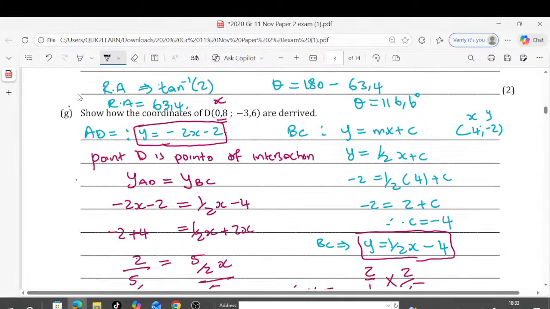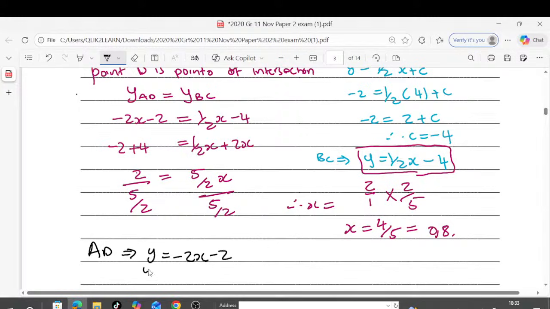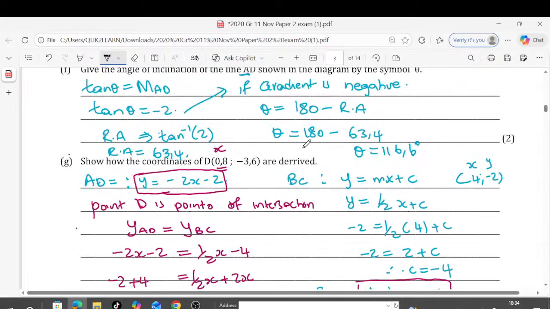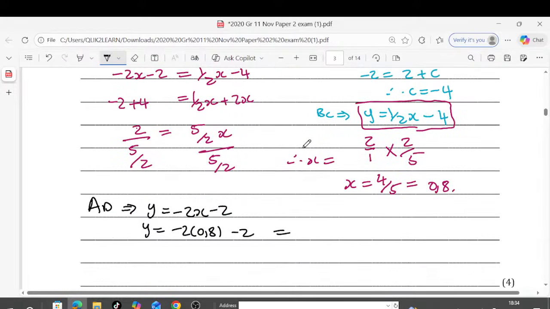Where there's x, we need to put 0.8. The equation of AD is y = -2x - 2. So where there's x, we put 0.8. If you put this on the calculator, it should give you the corresponding y value they are looking for, the negative 3.6.